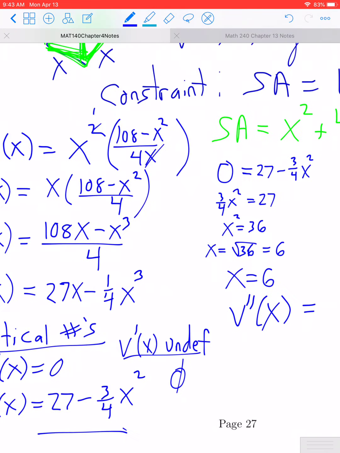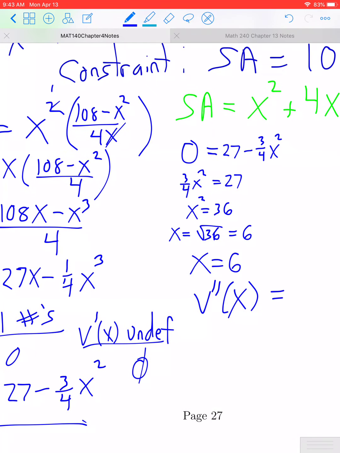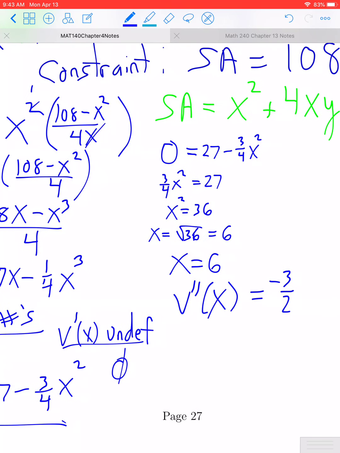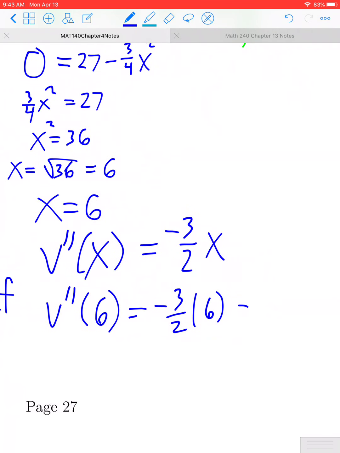I would bring the power 2 down, so I would get negative 3/2, because negative 3/4 times 2 is negative 3/2. Reduce the power by 1, so it's x to the first. V double prime evaluated at our critical point would give us negative 3/2 times 6, and negative 3/2 times 6 would be negative 9, which is less than 0.